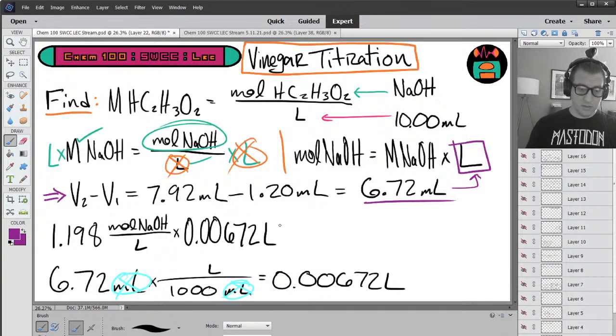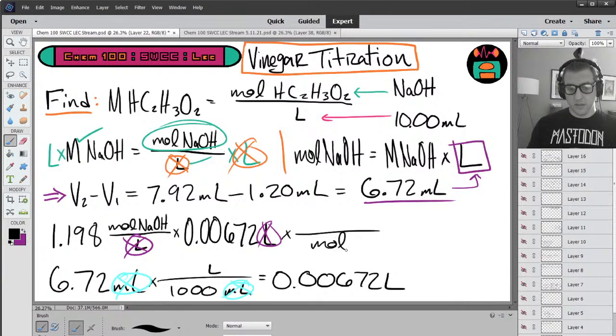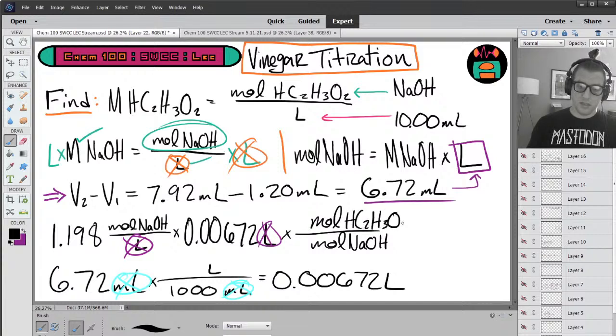And now liters cancel, and now we can convert moles of sodium hydroxide to moles of acetic acid, and this is a 1-to-1 mole ratio from our balanced chemical equation.